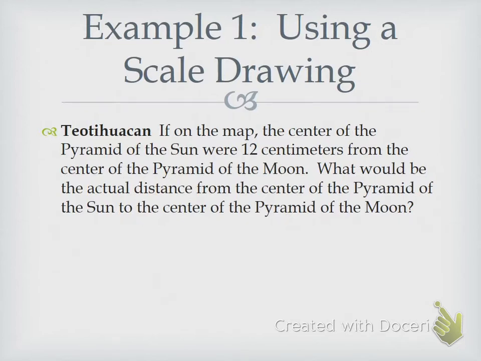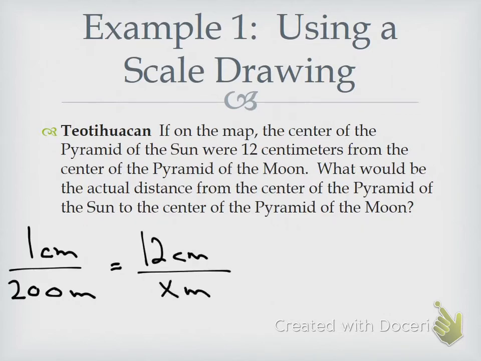So I use the same scale, which is 1 centimeter to 200 meters. Now I'm just comparing it to 12 centimeters, and I don't know how many meters. All right, so now I've got x equals 2,400. How do I know if it's meters or centimeters?